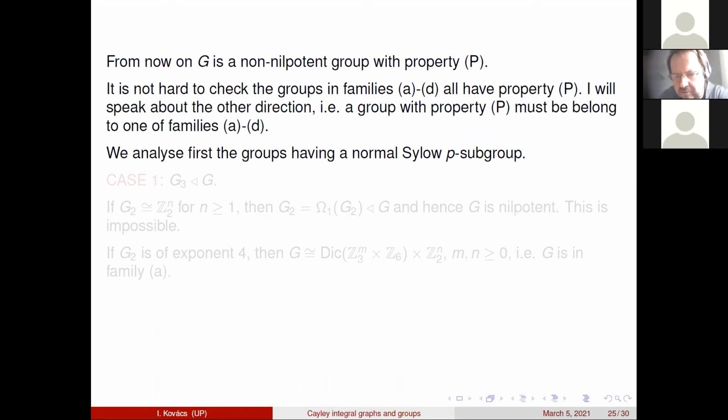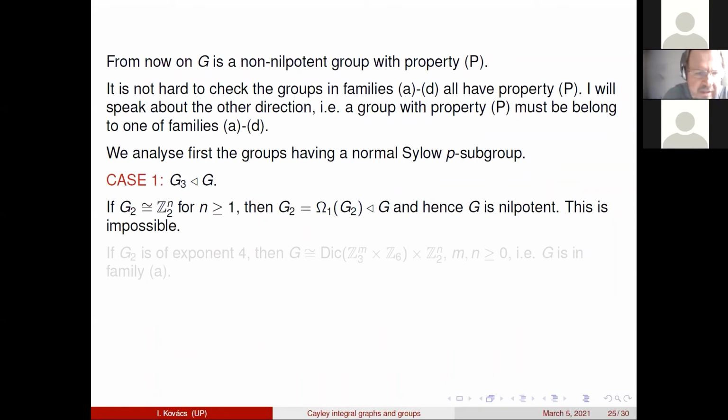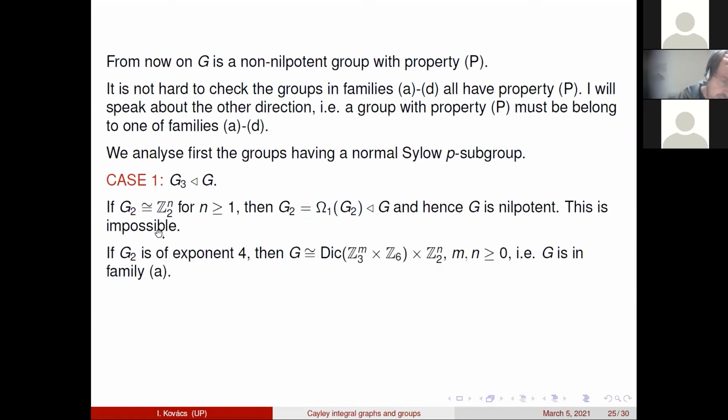The easier part was the case when this is a free group. And if this is a free group, and if the Omega 1,2 subgroup were elementary abelian, then this would be exactly equal to this normal subgroup. And because the Omega 1,2 subgroup is normal and G3 is normal, then your group would be a nilpotent one, and this is impossible. So you just take the case when G2 is of exponent 4.